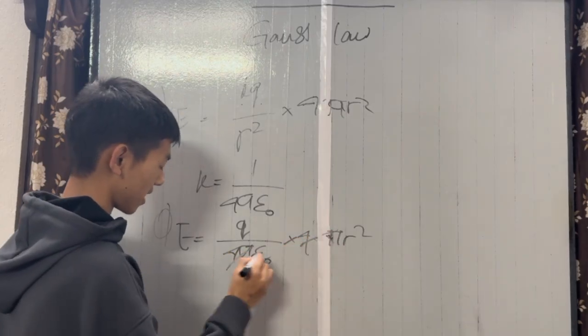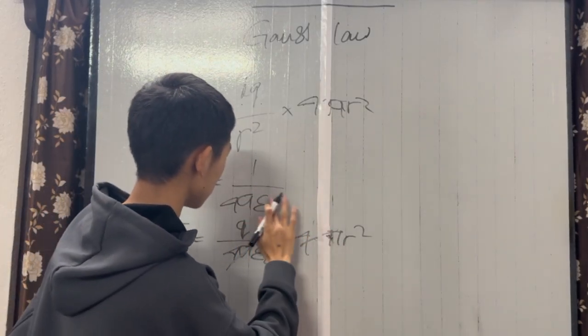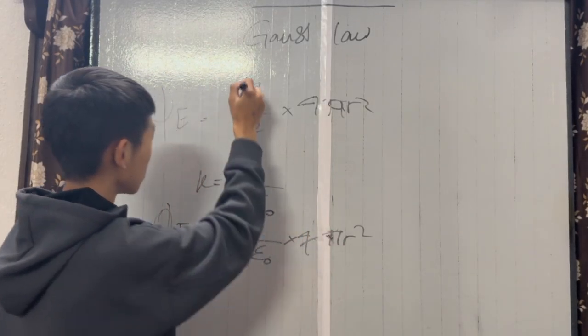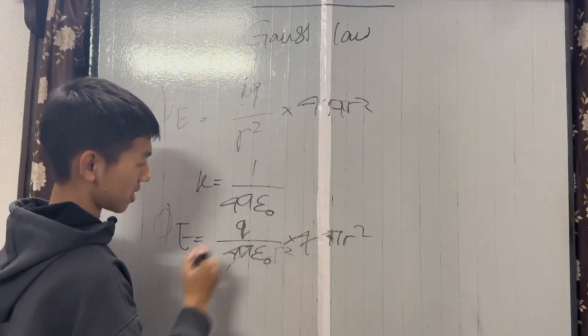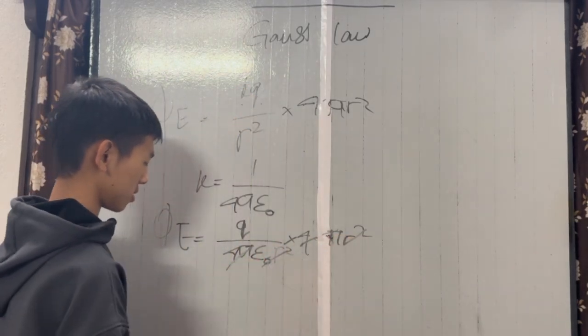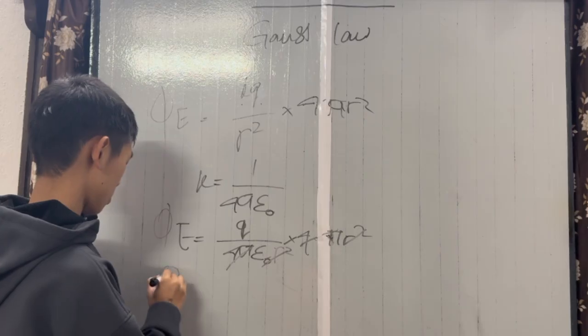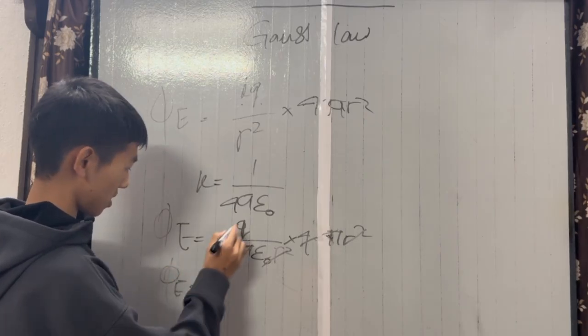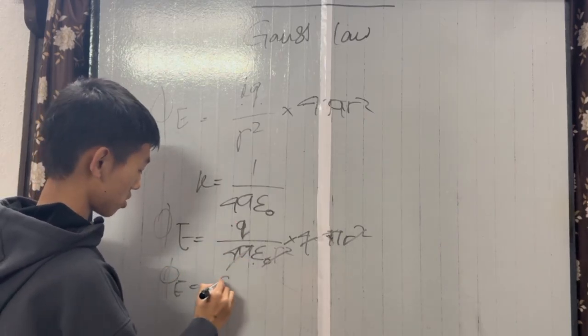The 4 pi cancels, and the R square also cancels. So what are we left with? We are left with Q by epsilon naught.